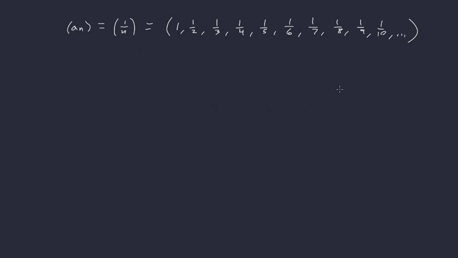We could do just like we did before and do the a sub 2k, just all the even terms, 1 over 2k, which would just be 1/2, 1/4, 1/6, 1/8, etc. But we don't have to.